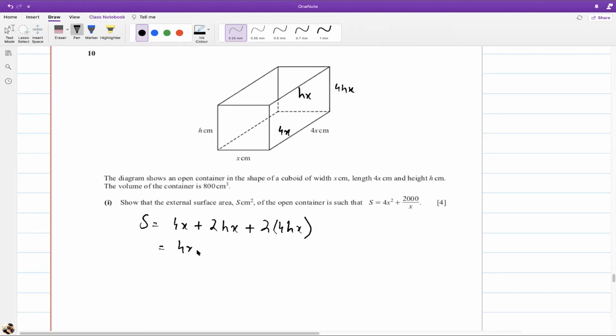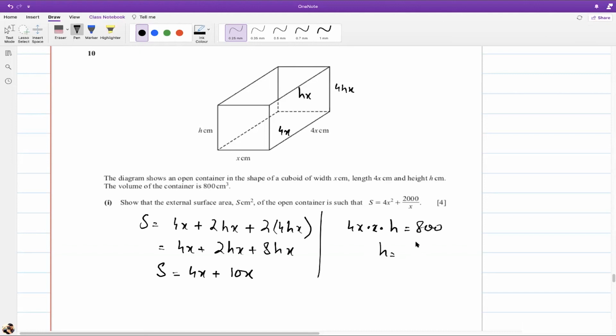So I get 4x plus 2hx plus 8hx, that is 4x plus 10x. ठीक है, यहाँ तक तो सही है. लेकिन एज क्या है, एज मुझे नहीं पता, लेकिन मुझे ये पता है कि 4 times x times h वॉल्यूम होता है और वो 800 है. So I can see that h is going to be 800 over 4x squared, which is 200 over x squared.